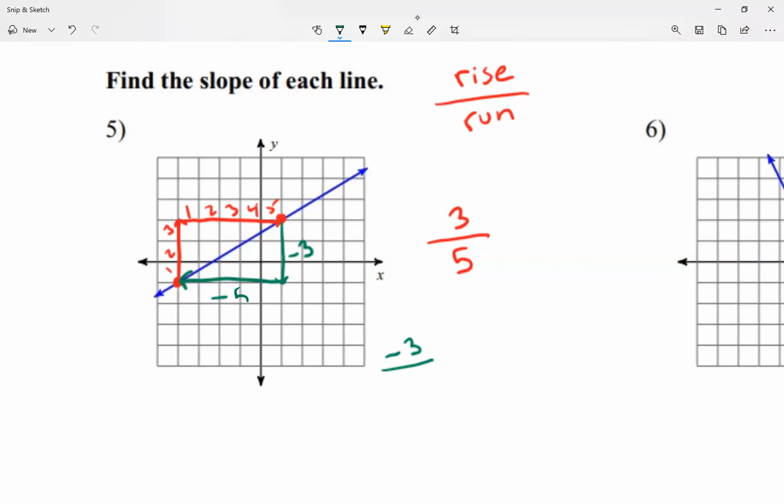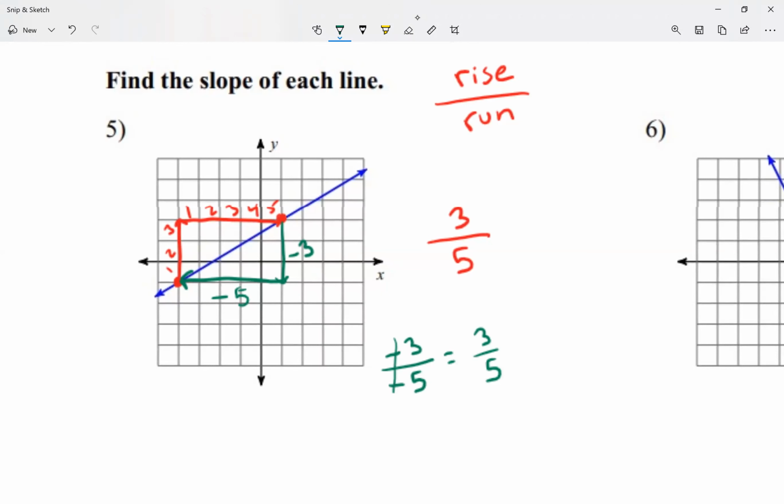So let me call this -5 because you travel to the left. Interesting part is in division, right? A fraction is division. Two negative signs become a positive sign. So my answer becomes +3/5. I get the same thing.